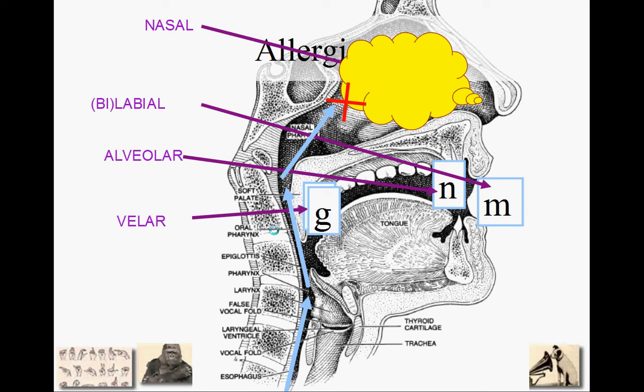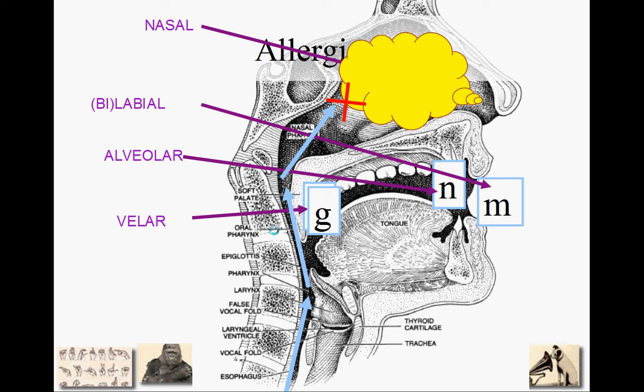So you don't change the place of articulation. If you're saying ng, you still make a velar sound, but you have to let the air out of the mouth, so when you release that sound, you get a G, uga, ga.